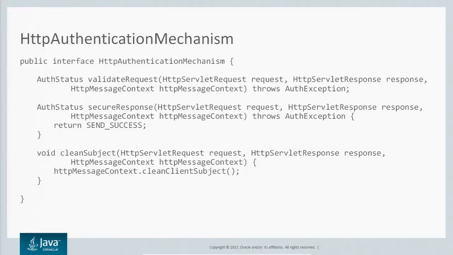That's the interface, at least as much of it as would fit on a slide, but it's the important bits. There's the validate request, the secure response. There are default implementations for a couple of those. So in many cases, all you'd need to implement is validate request, and secure response and clean subject have reasonable defaults.